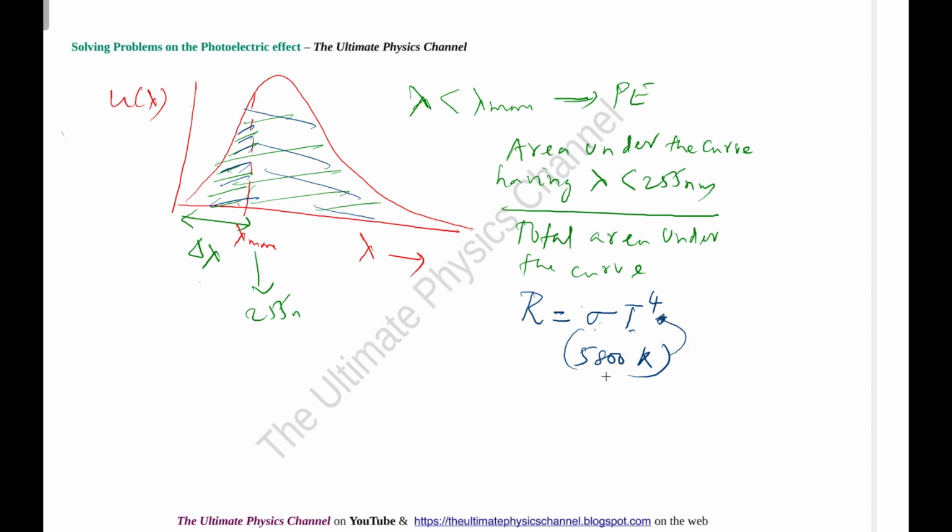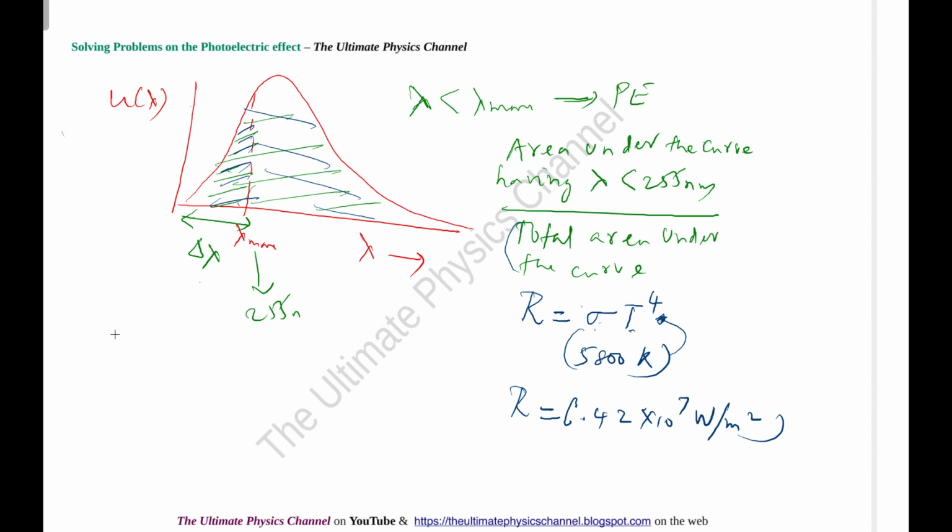We substitute here to get the total power R. If you do the math, you would get R equal to about 6.42 times 10 to the power 7 watt per meter square. Sigma is the standard Stefan Boltzmann constant, 5.67 times 10 to the power minus 8. This is for the denominator, right? What about the numerator, that is the area under the curve having lambda less than 255?